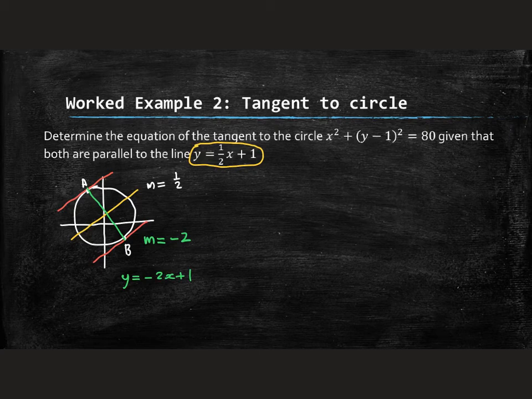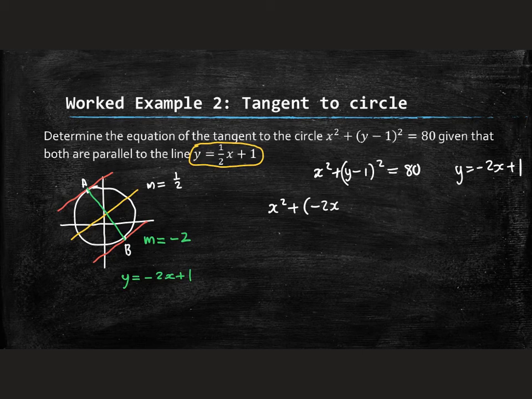And that's going to be quite useful for us, because what we can then do is use the equation of the circle x squared plus y minus 1 all squared equals 80 and try see where does that touch this line, minus 2x plus 1. We can do a straightforward substitution here, so x squared, we're going to have minus 2x plus 1 minus 1 in the brackets is equal to 80.